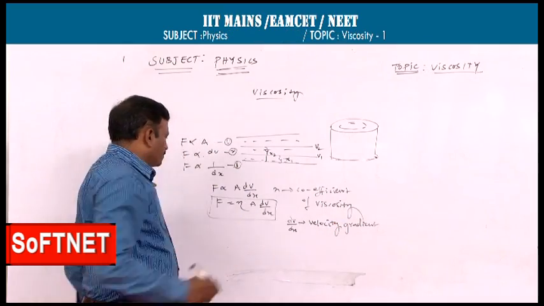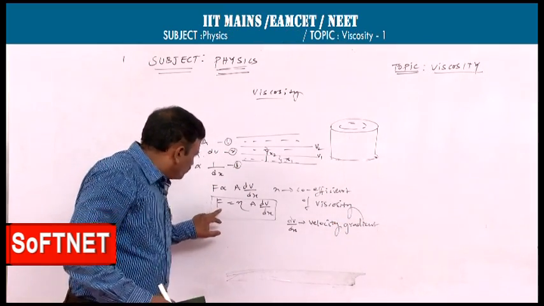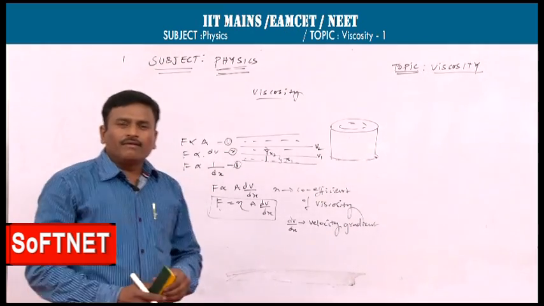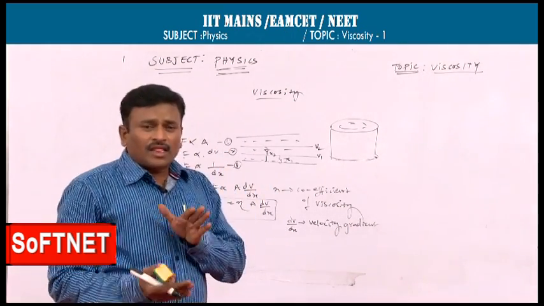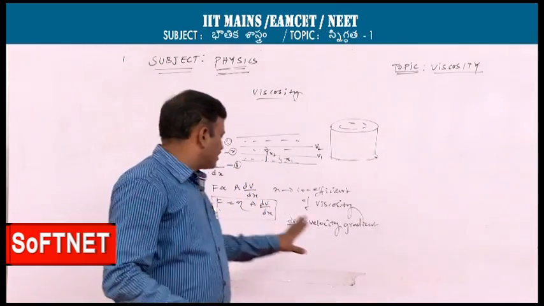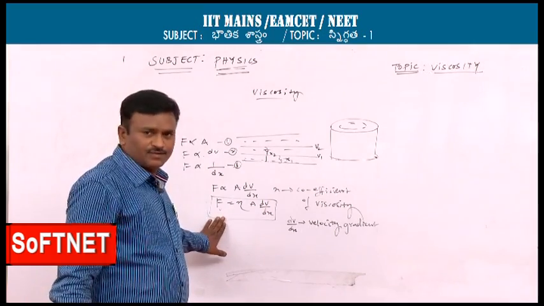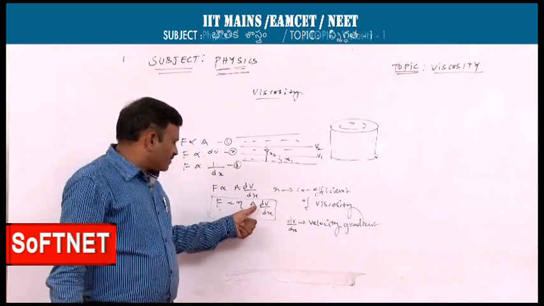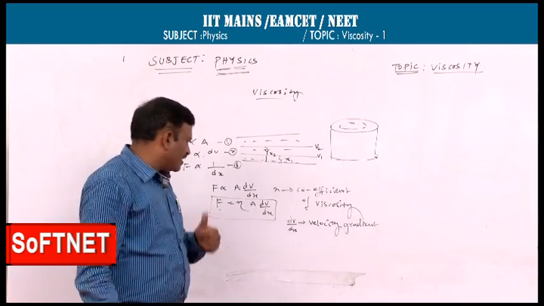So, let us see where we have to use this viscous force. We use the term viscous force when there is a force between the two layers of the fluid. For numericals, they may give the area of cross section of the layer.